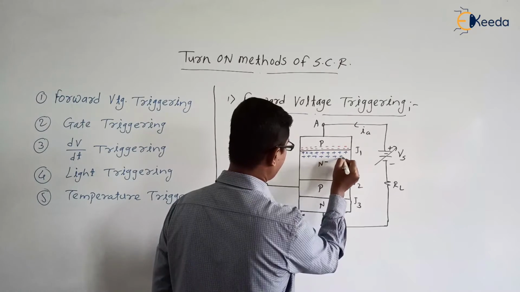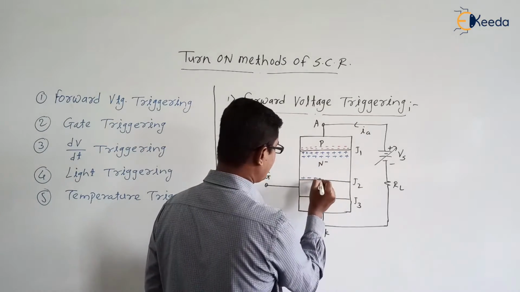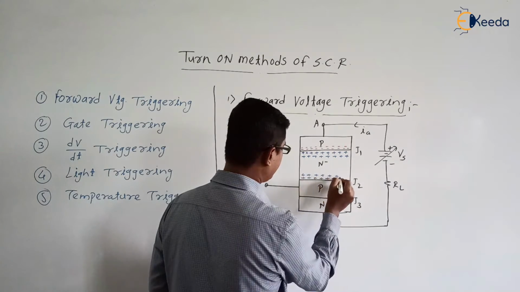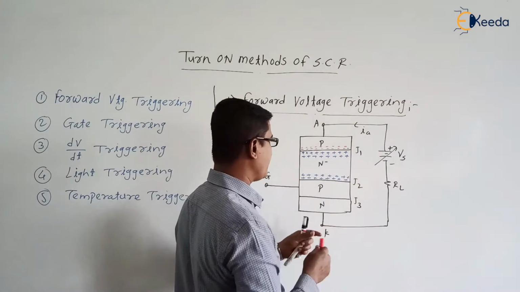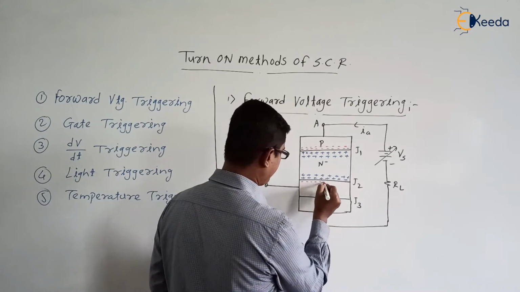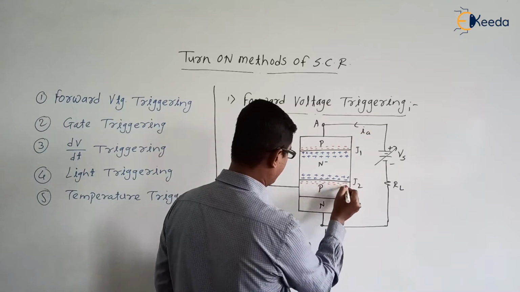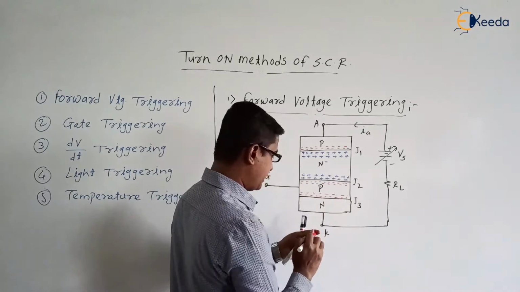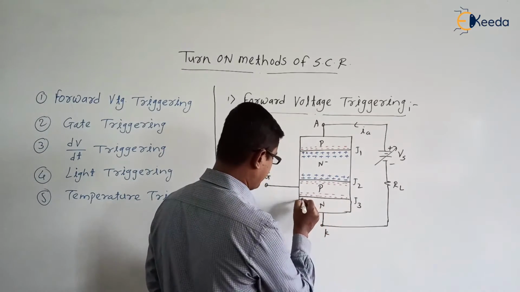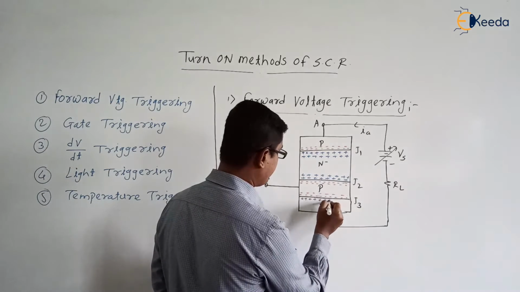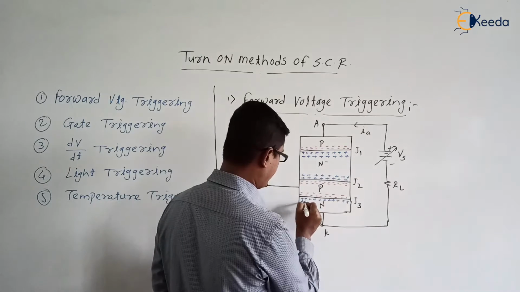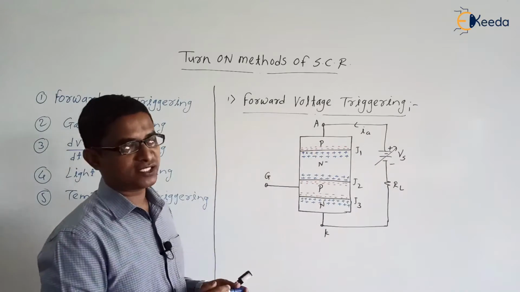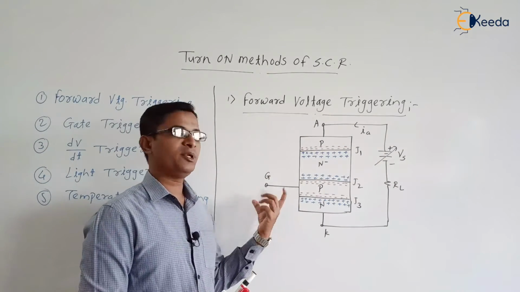Similarly, at the N side again we have positive charges across junction J2, at the P side negative charges, and similarly here negative charges and at the N side positive charges. So here we have maintained the forward biasing of the SCR with the gate terminal open circuit.